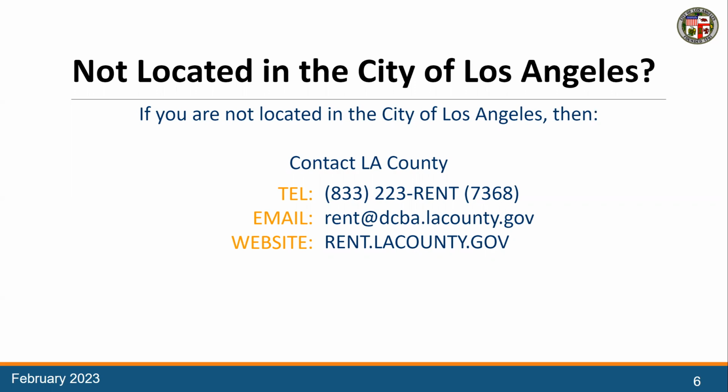Once again, that's area code 833-223-7368. Or you could visit the website at rent.lacounty.gov. They will be able to provide you information on the rules in the unincorporated areas of Los Angeles County, some of which apply to other cities as well.